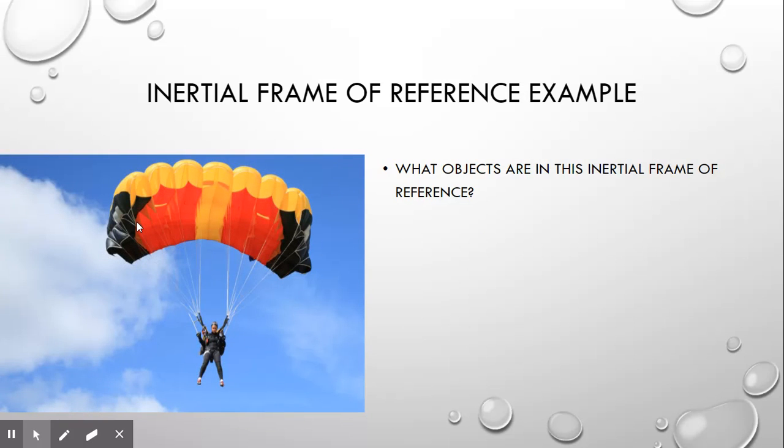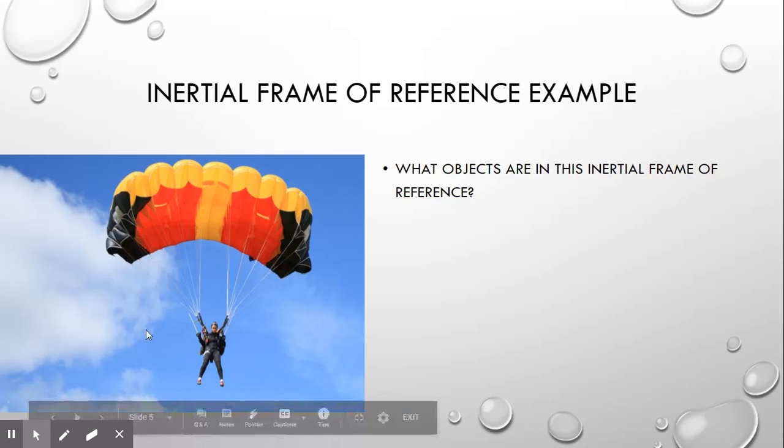Okay, lastly, let's do this example, and then we'll conclude. What objects are in this inertial frame of reference? We have a parachute. We have the Earth. Is there anything else? Not really, right? So in this case, we have our parachute, and we have the parachuter.